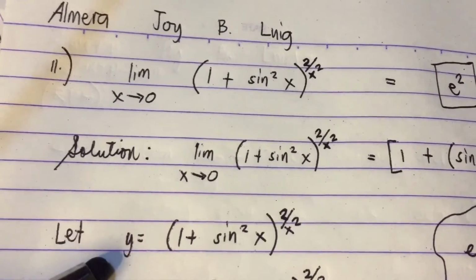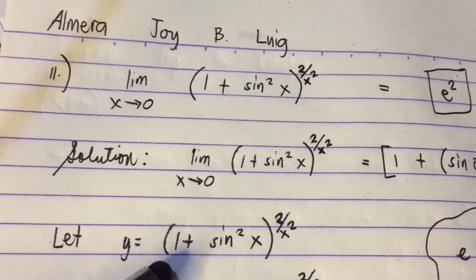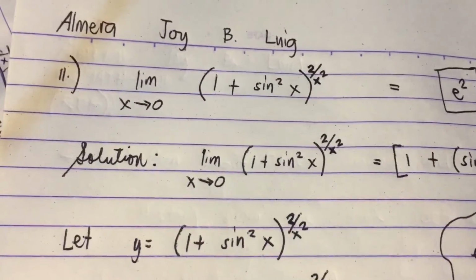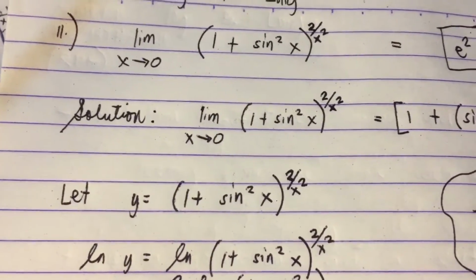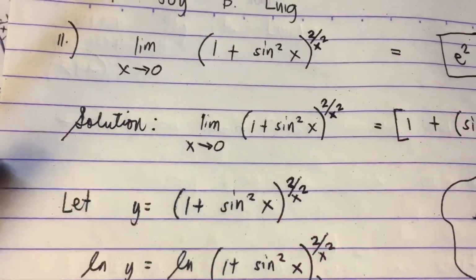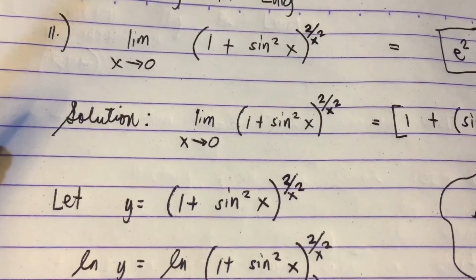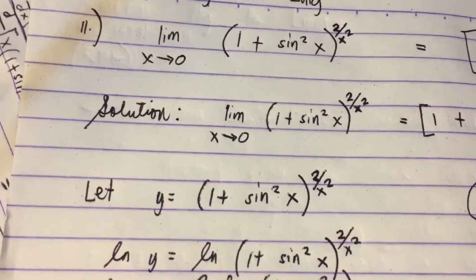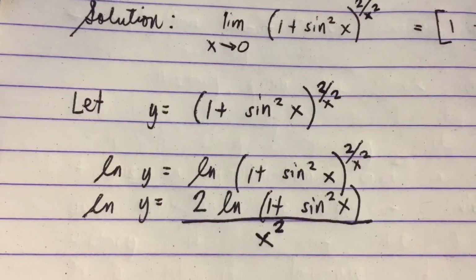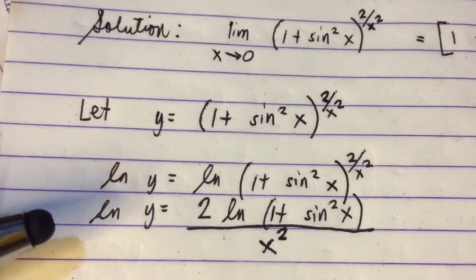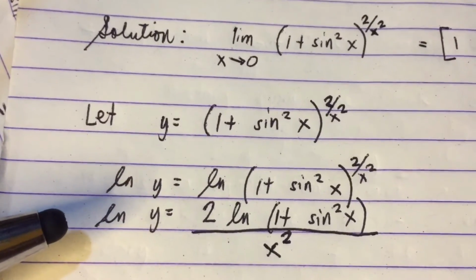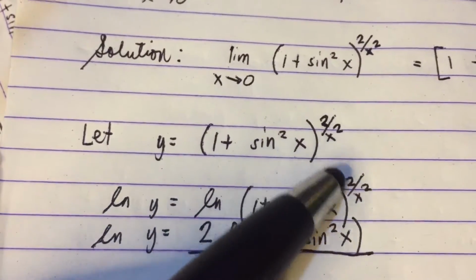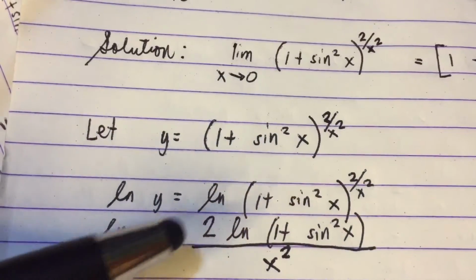Let y be equal to (1 plus sine squared x) to the power of 2 over x squared. We may have ln y is equal to ln of (1 plus sine squared x) to the power of 2 over x squared. Then we will simplify that one. Then we now have ln y is equal to 2 ln, which is the 2 came from here.